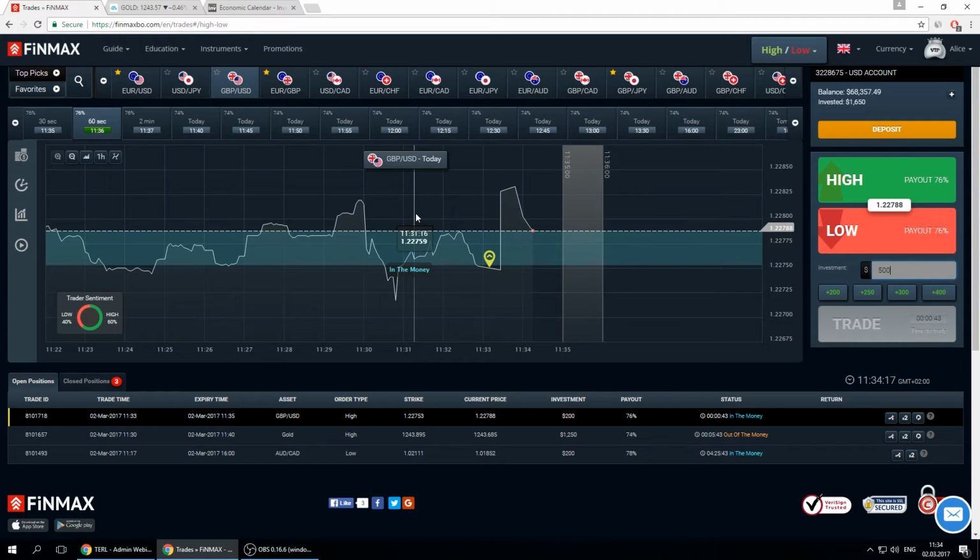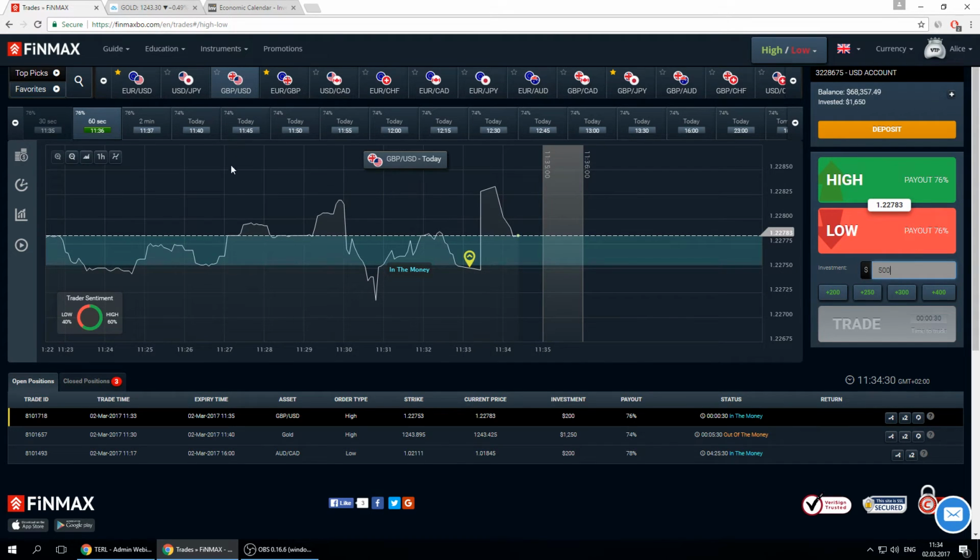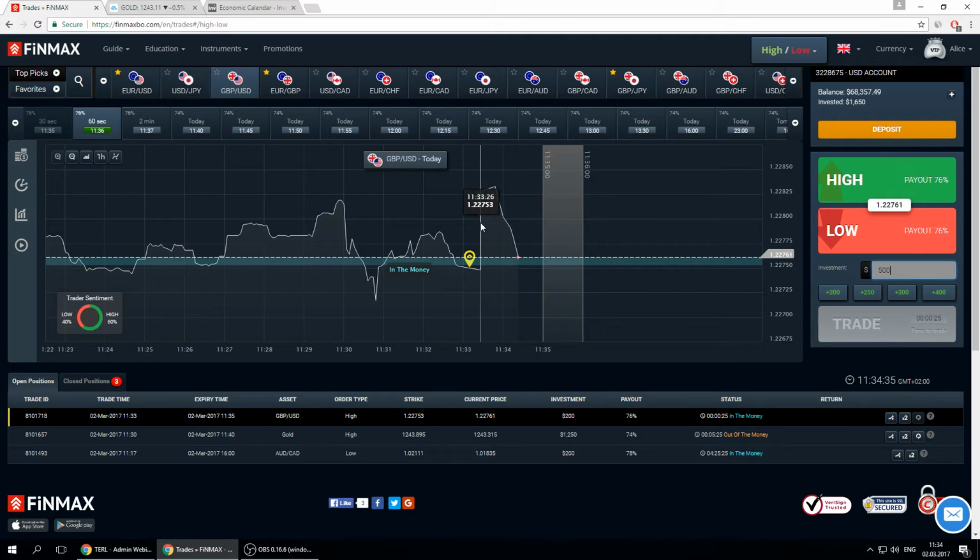The trade for British pound will expire before the gold, so I made myself prepared for the negative result in it. So in 30 seconds we will have it finished. So let's wait.